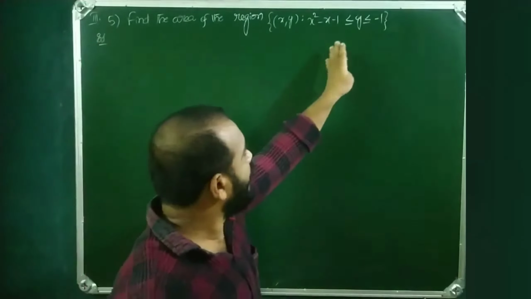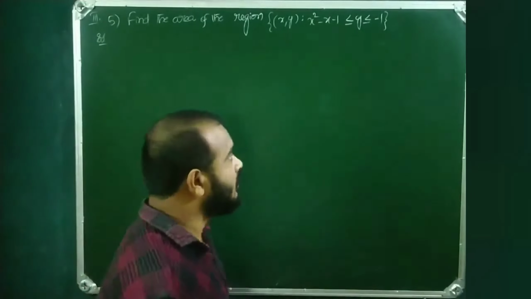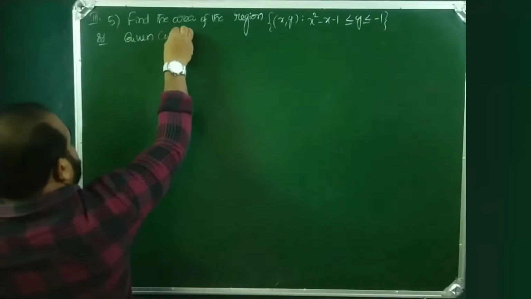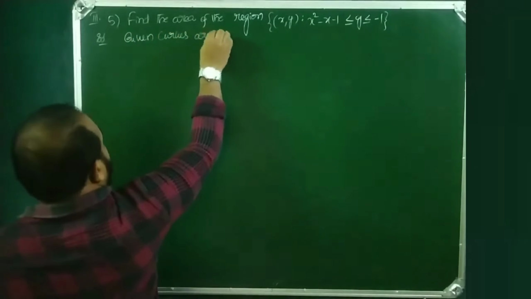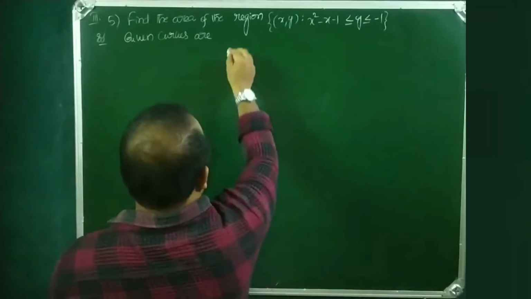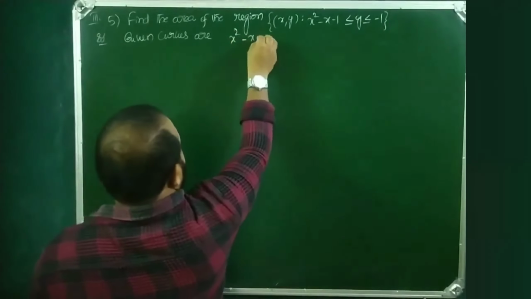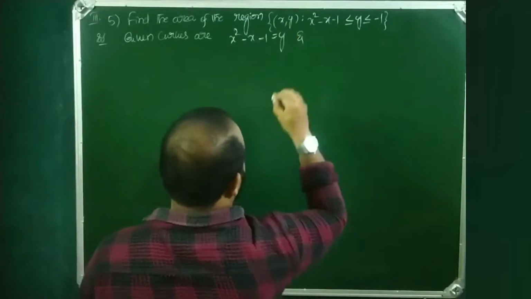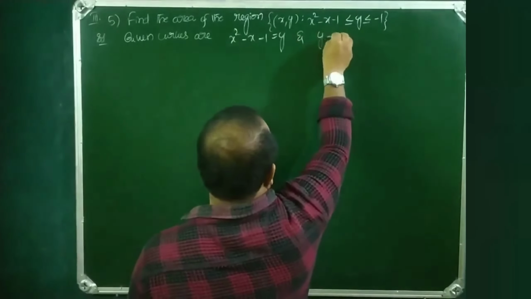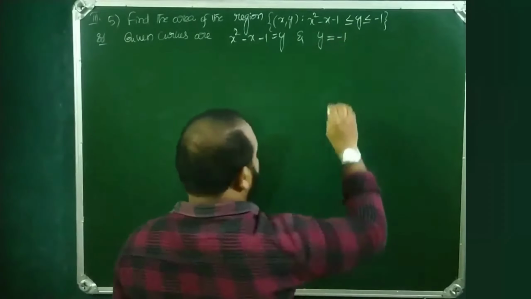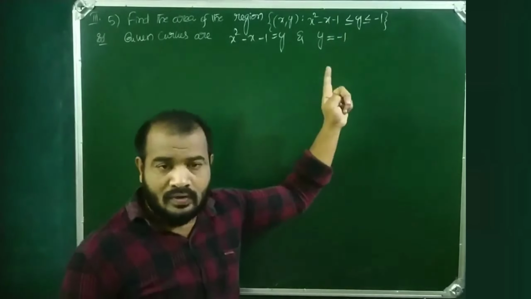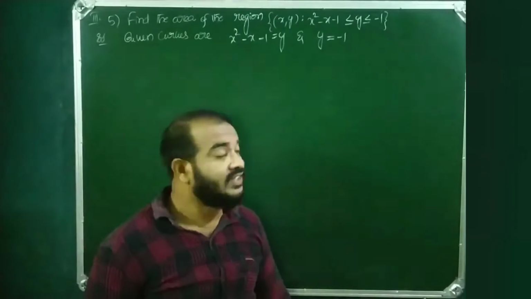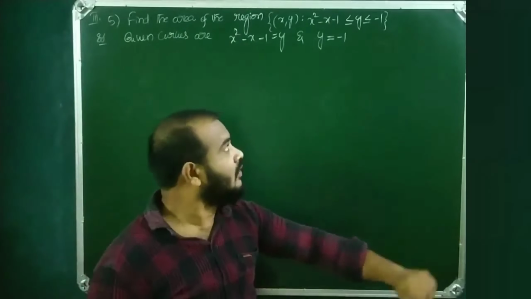Equals to 0, we will take first. So given curves are x square minus x minus 1 equals y and y equals minus 1. We know that y equals k is the line which is parallel to x-axis, that is a horizontal line.